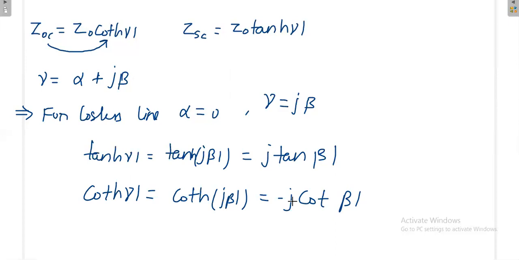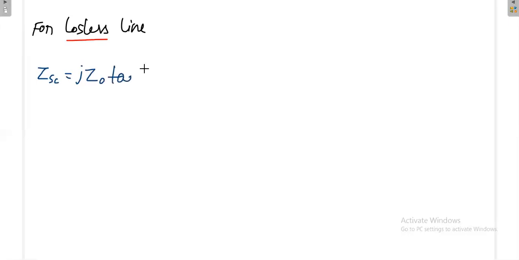So finally, for a lossless line, I can write the short circuit and open circuit impedance like this. This is very important. For a lossless line, Z short circuit is equal to j Z0 tan βl, and for open circuit, minus j Z0 cot βl.